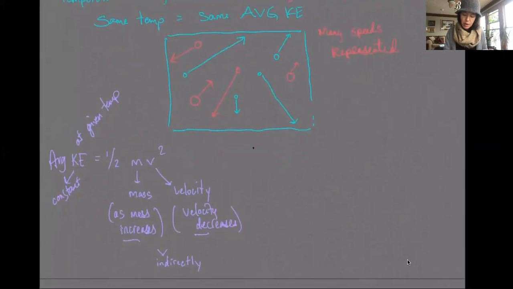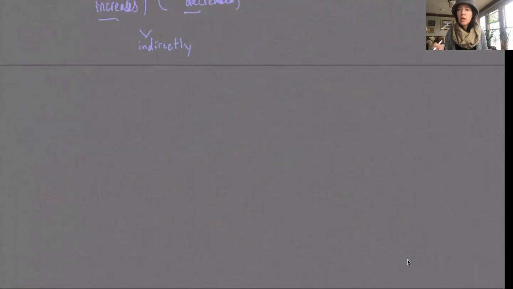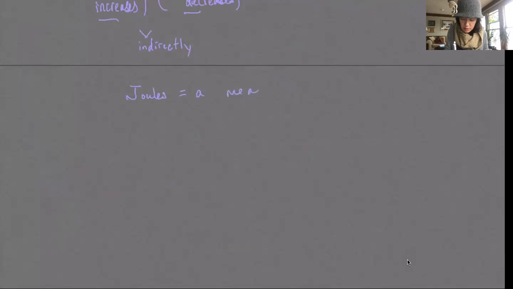We've talked about heat is transferred from hot to cold. The amount of heat lost is equal to the amount of heat gained. That heat is typically measured in joules, a measure of heat.